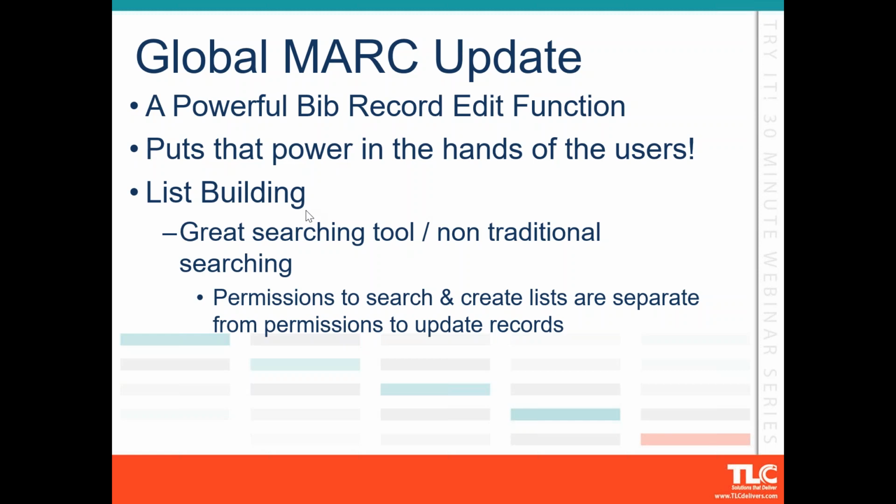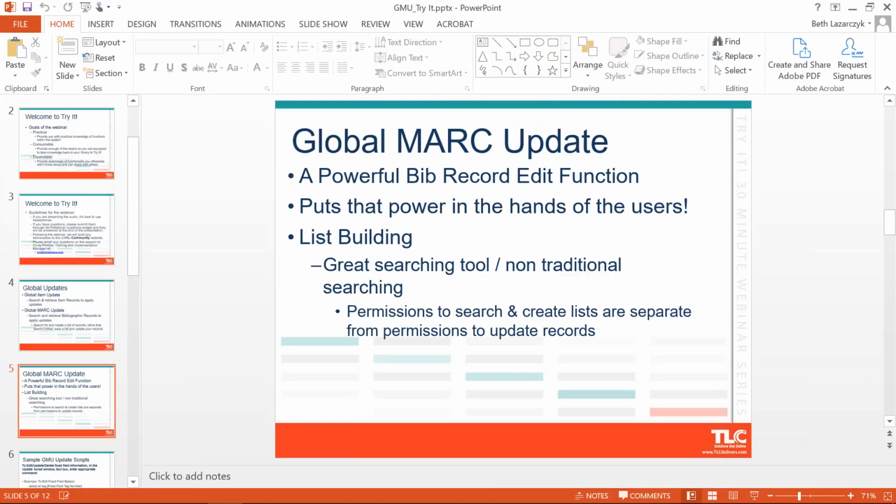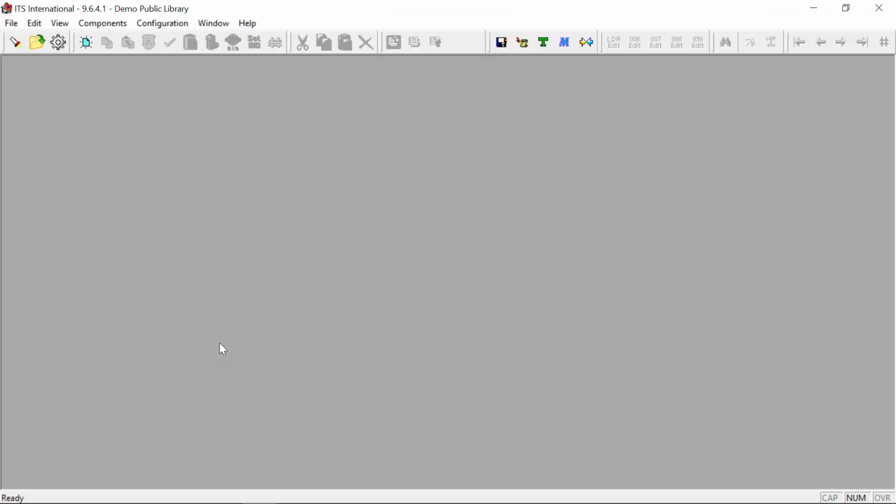So with that, let's actually dive into GMU and take a look. Since this is just a 30-minute Try It, we're going to take a fairly high-level look at GMU with some basic searches, but the more you use it and learn the layout of the scripting, you'll be able to create much more complicated lists.